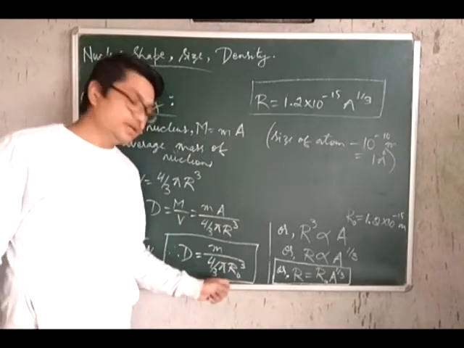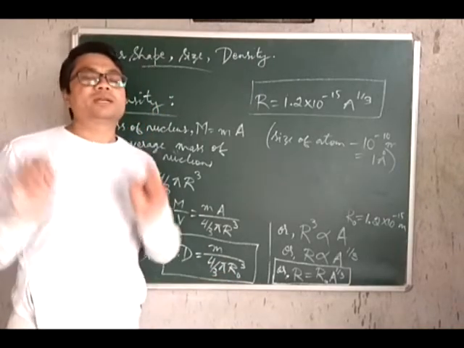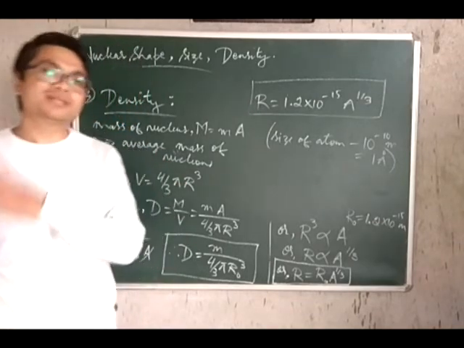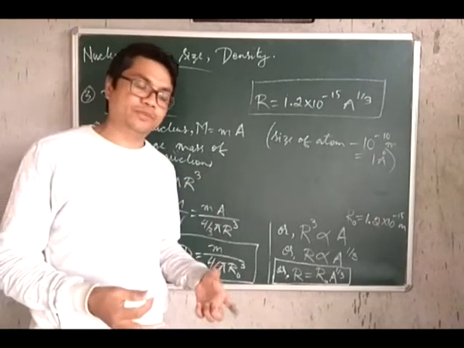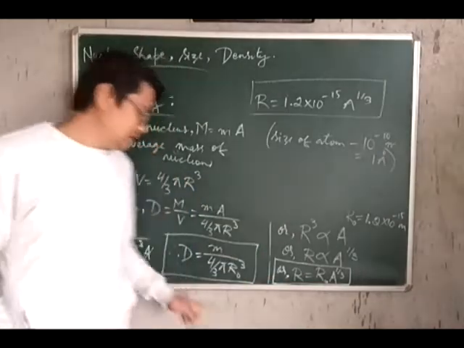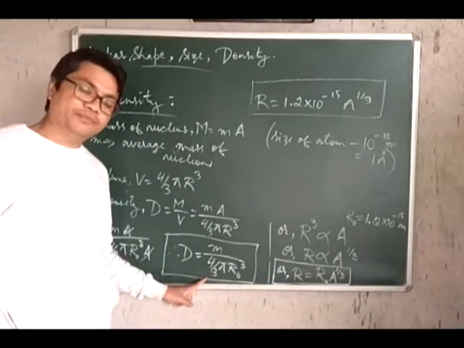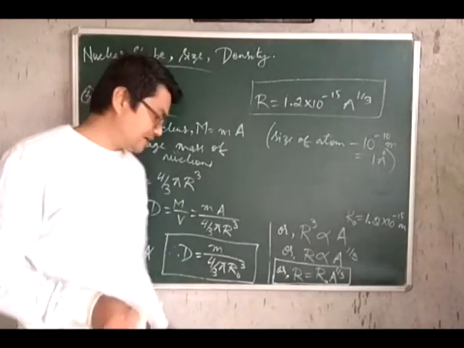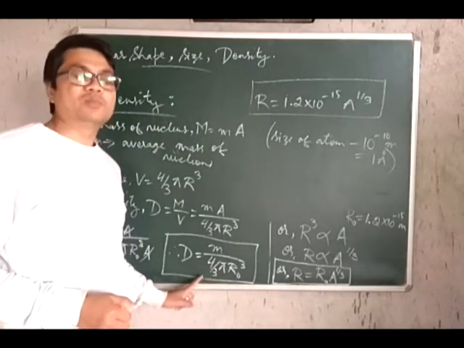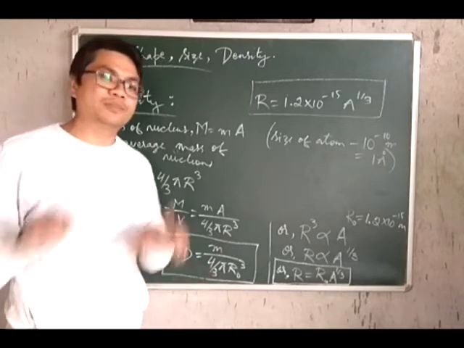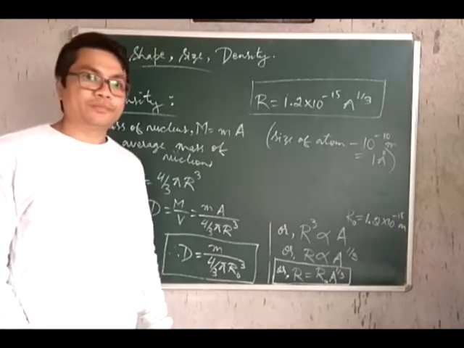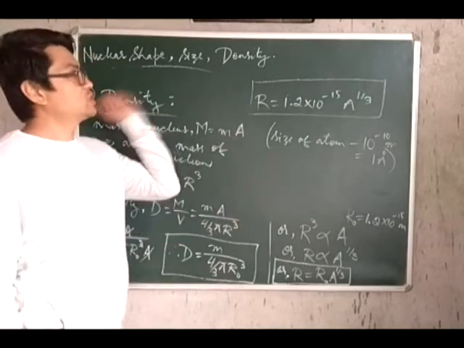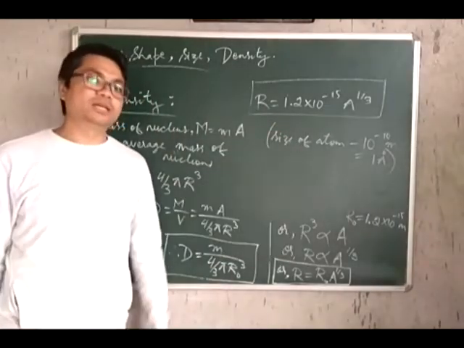And the other thing that we get to know is that the density of the nucleus of different atoms, different elements, will almost be the same. It has the same kind of value. Alright, so that is what we understand. So this is about the shape, size and density of the nucleus.